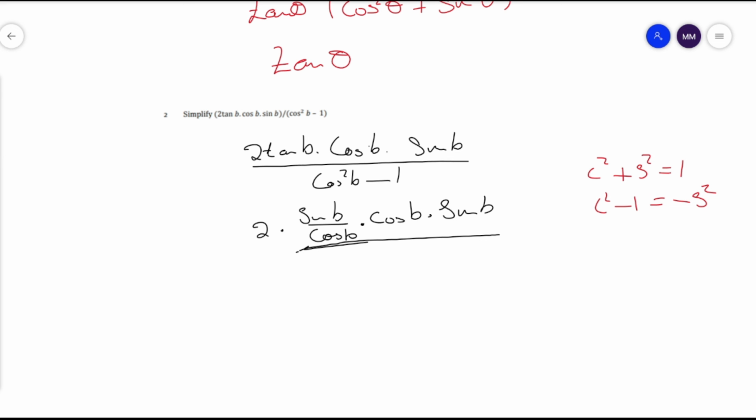And therefore, we can replace this by a minus sine squared of b. Okay, so cos b and cos b cancel, and we have a sine of b times the sine of b. So we'll be having 2 times sine squared b over minus sine squared b.